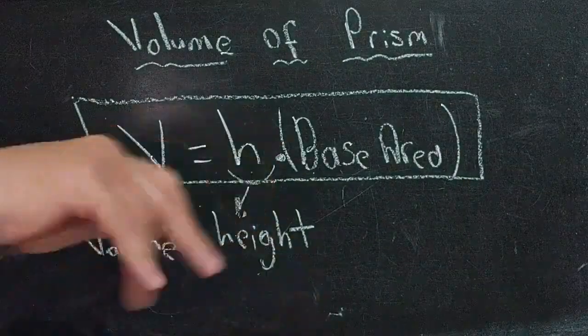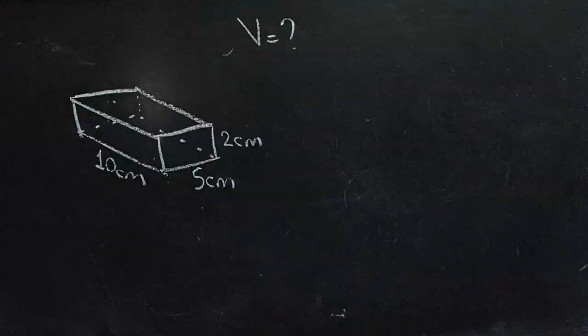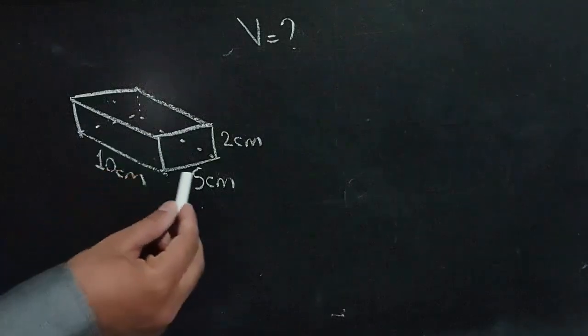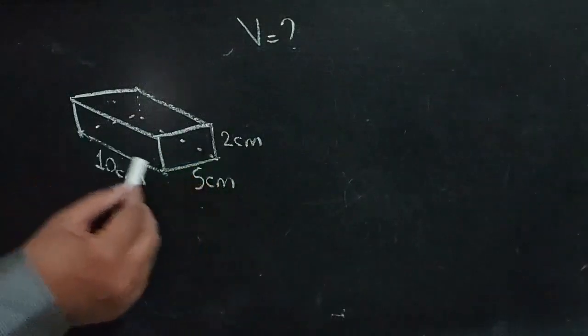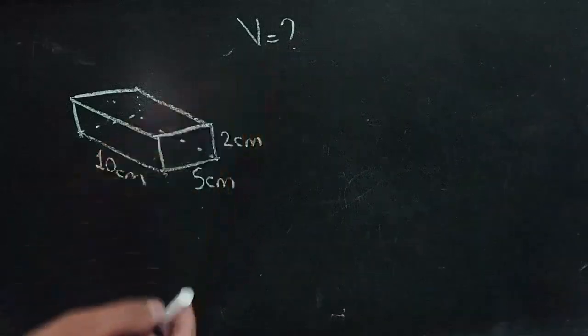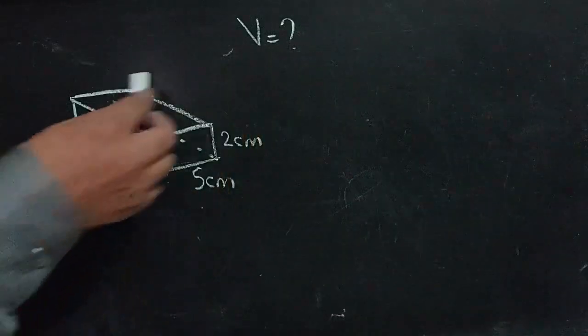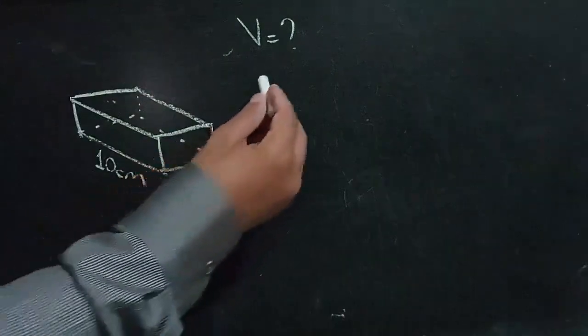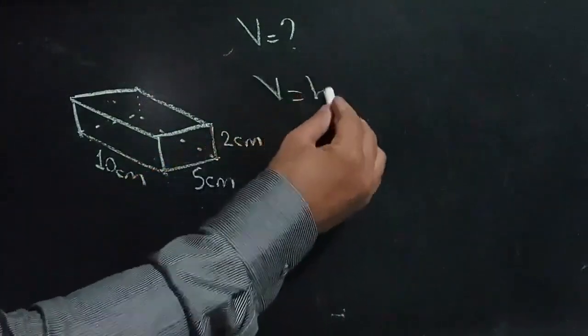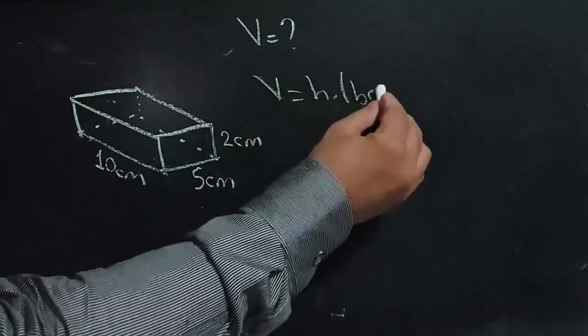So let me show you how. Alright, now let's have a look at this question. The dimensions are given there. This one is 2, this one is 5, this one is 10. So what is the volume? As you see, this is a rectangular prism. So volume was height times base area.